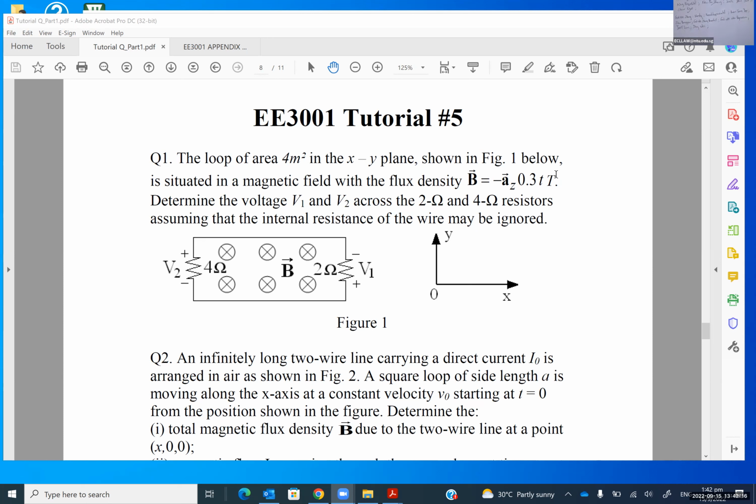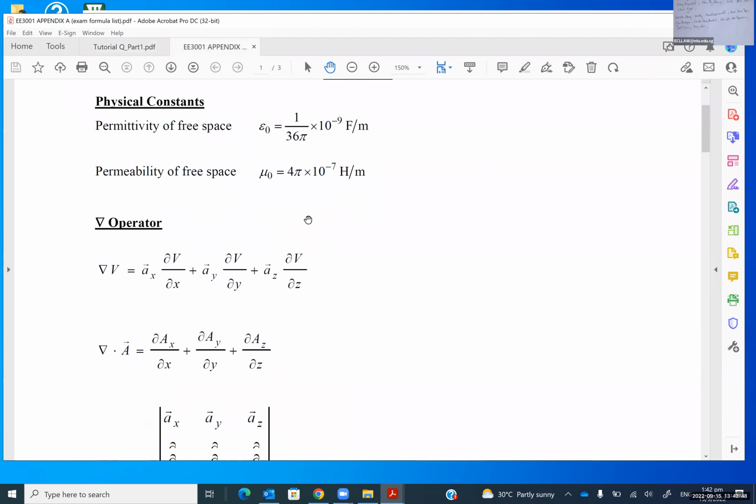So next, as we said, we need to visualize the magnetic flux. Why? Because ultimately we want to calculate the voltages V1 and V2 in this circuit. So we need to apply Faraday's law. What is Faraday's law? You can get it from your exam appendix.